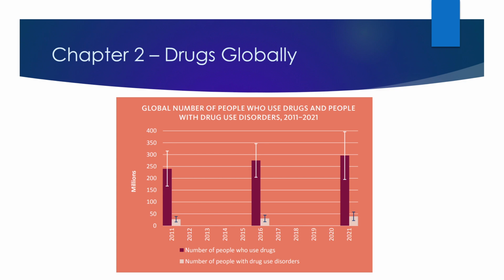Here we see the global number of people who use drugs and people with drug use disorders. So we're looking at two levels: just using drugs, period, and those who have drug use disorders. And these are estimates for the entire globe.